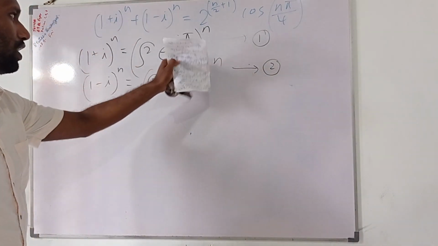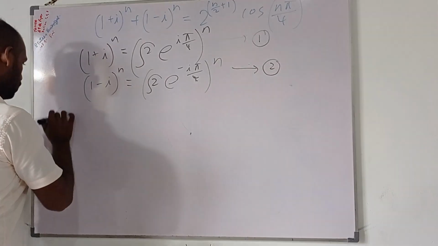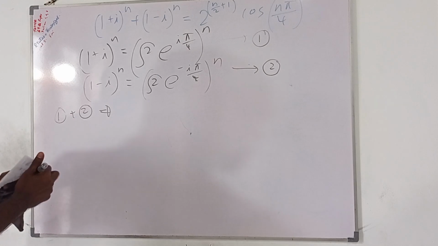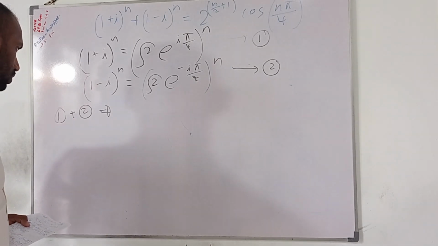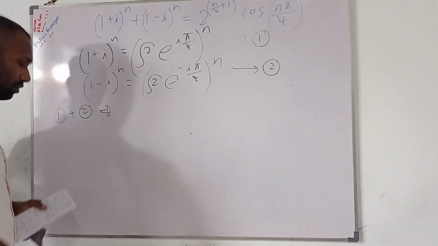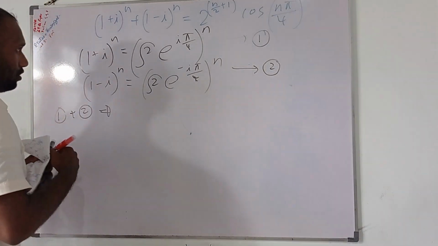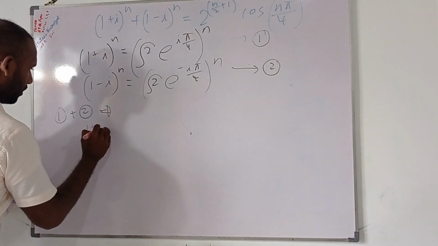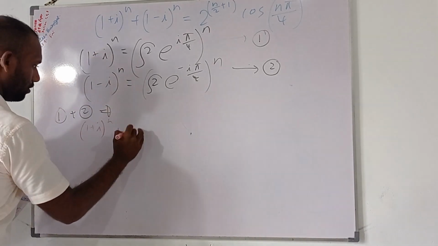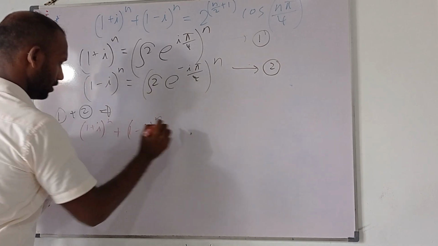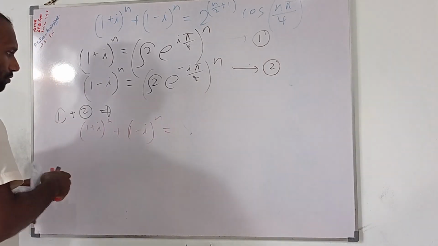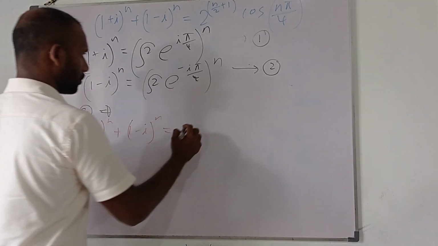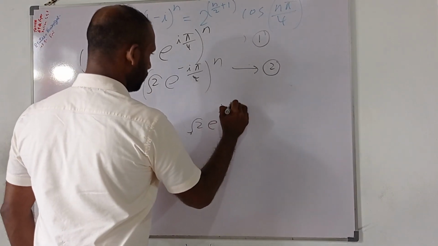Take this as 1 and this as 2. 1 plus 2. So (1 plus i) to the power n plus (1 minus i) to the power n equals root 2 e to the power i pi by 4.